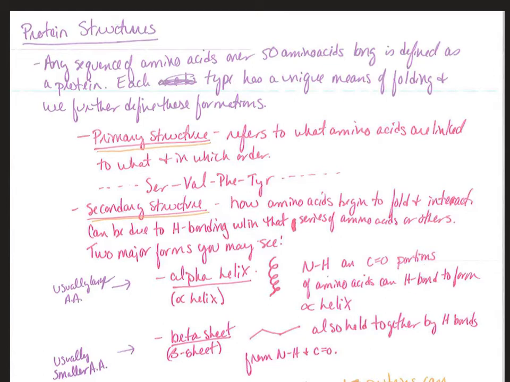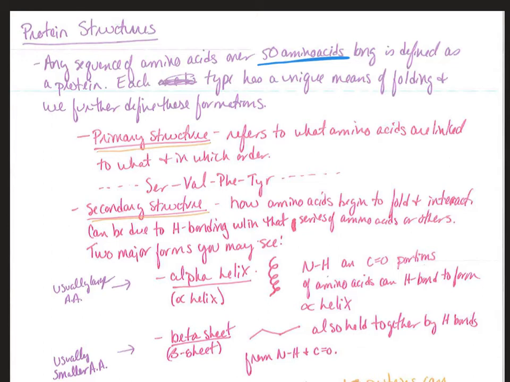Okay, this really isn't difficult. It's just a matter of figuring out what you're talking about. Let's say you have a protein sequence over 50 amino acids, because that's sort of what we define as a protein. Each type has unique means of folding and all that good stuff.